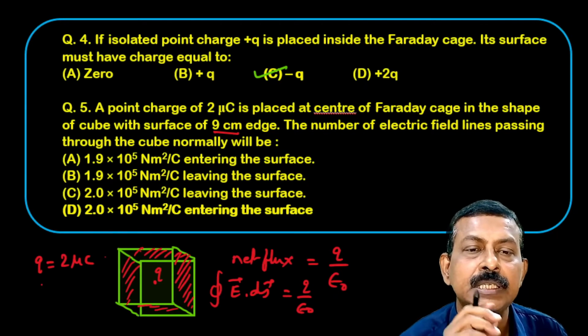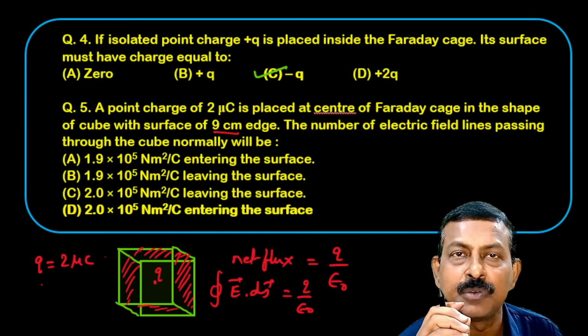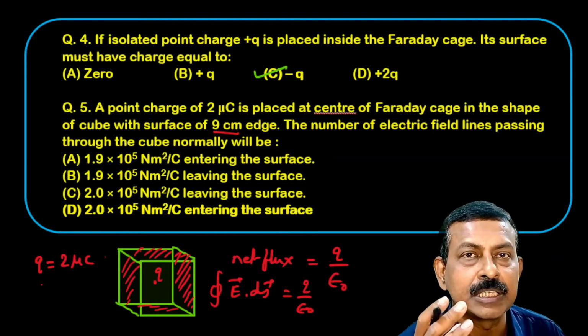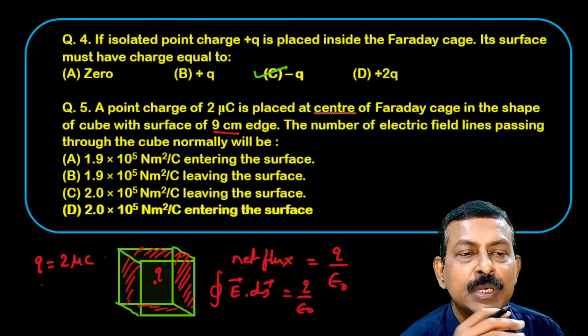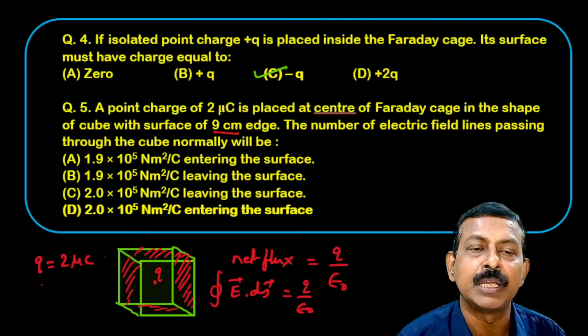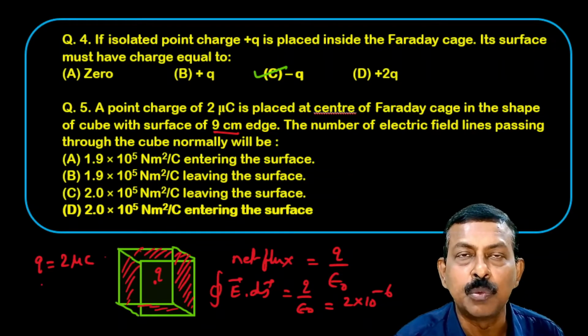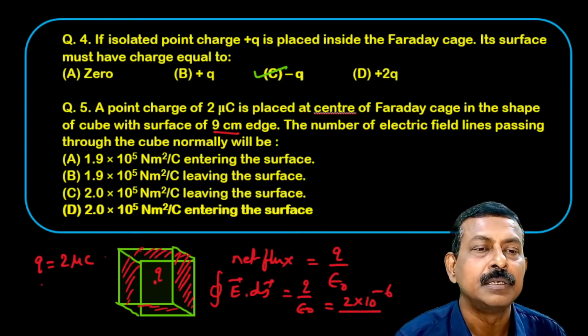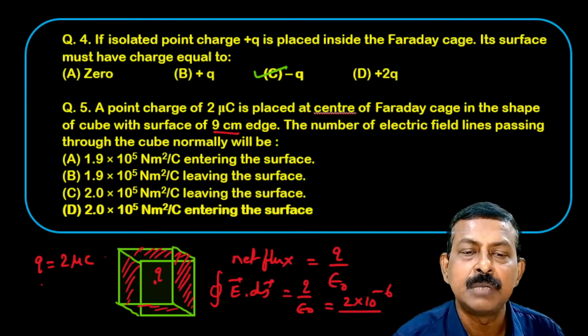Since it is asked what is the number of electric lines of force, that means it is the electric flux, and you have to find the lines of force passing through the cube normally. So in that case, it is Q by epsilon naught. The value of Q is already given. It is 2 into 10 to the power minus 6, because it is 2 microcoulomb, divided by epsilon naught.